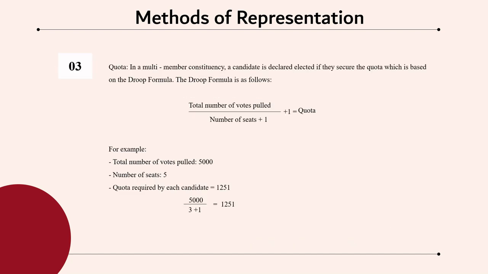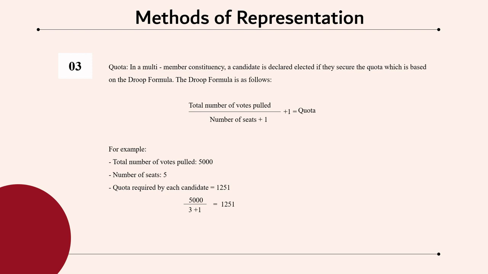Third point, quota. In a multi-member constituency, a candidate is declared elected if they secure the quota, which is based on the Droop formula. The Droop formula is as follows. Look at the screen. Formula is given on the screen.